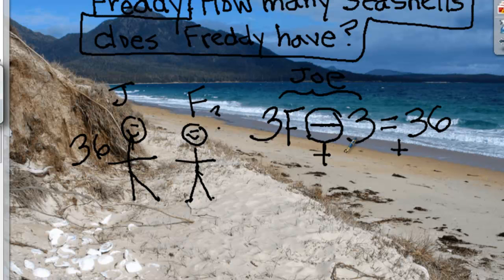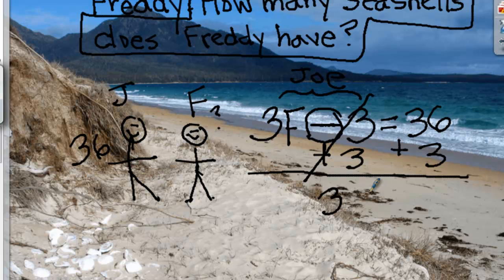Something awesome happens when we add 3 to both sides: this cancels out, and we're left with 3f on one side, and on the other side we have 36 plus 3, which is 39.